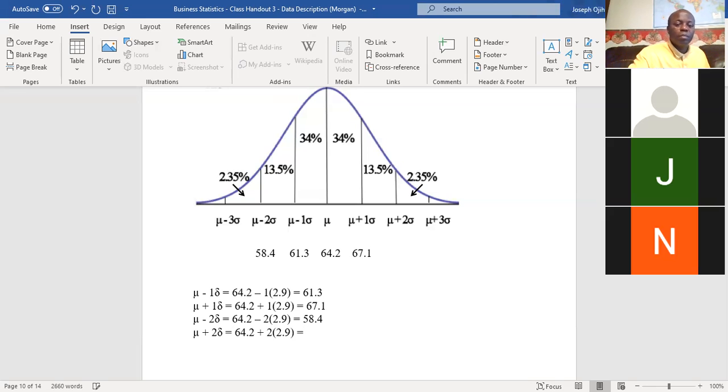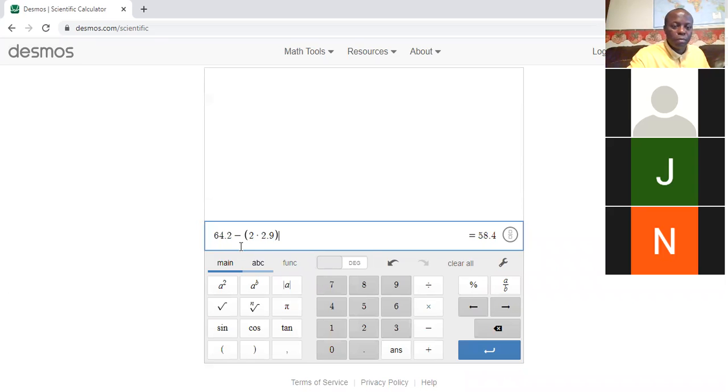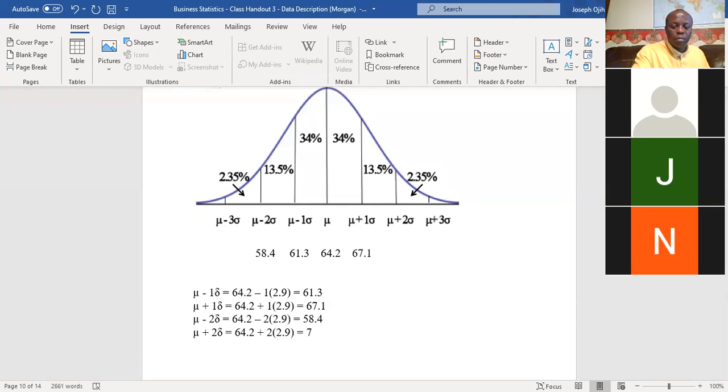Just go to decimals and make it a plus. It was 70. So we come here and put 70, 70.0.